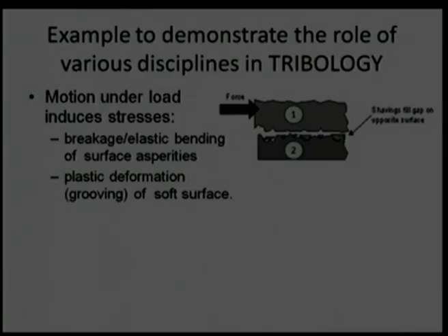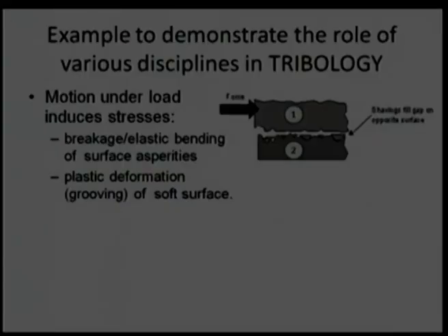What is the meaning of that? If one surface is much softer compared to the other surface, the harder surface will plow the soft surface and cut a number of grooves in it. We know that to avoid failure and enhance the life of a component, we require only elastic deformation.